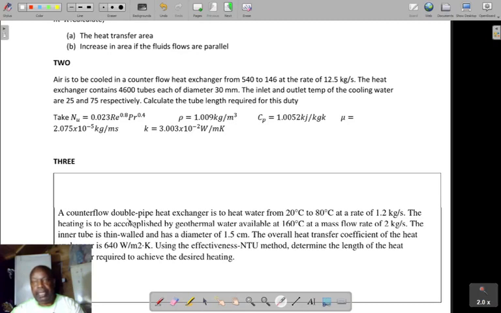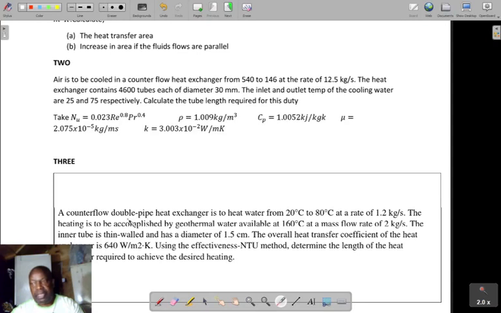The heating is to be accomplished by geothermal water available at 160 degrees C at a mass flow rate of 2 kilograms per second. The inner tube is thin-walled and has a diameter of 1.5 centimeters.